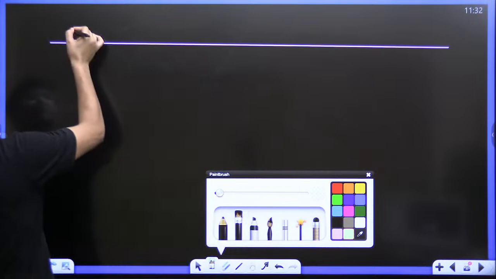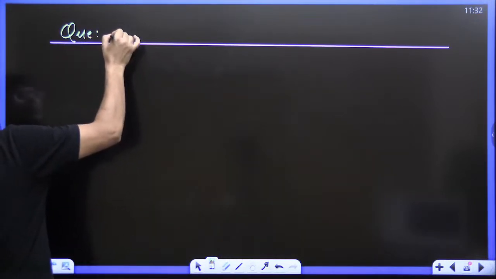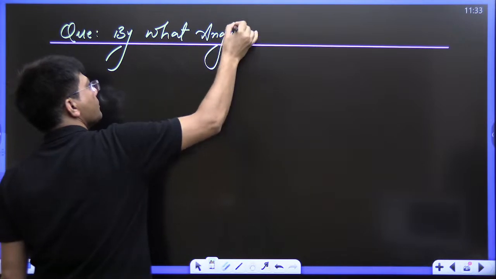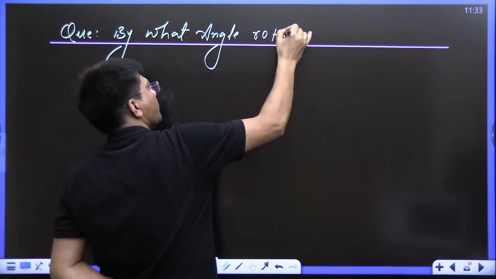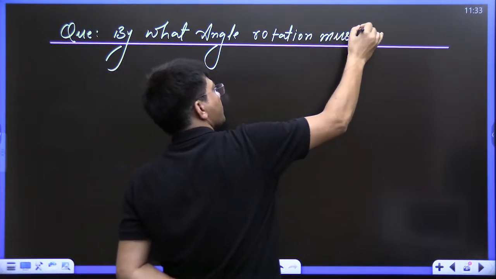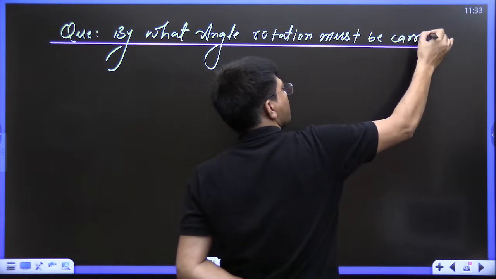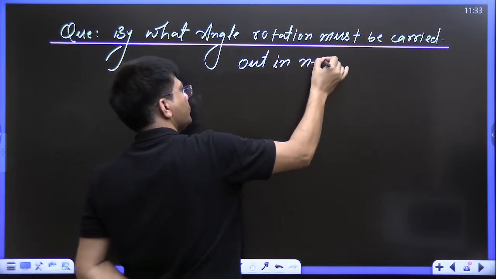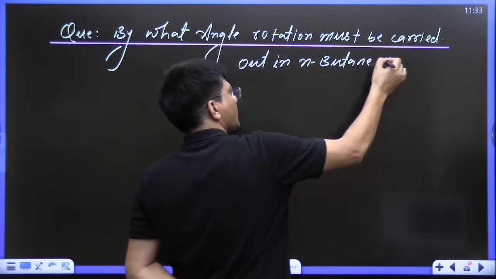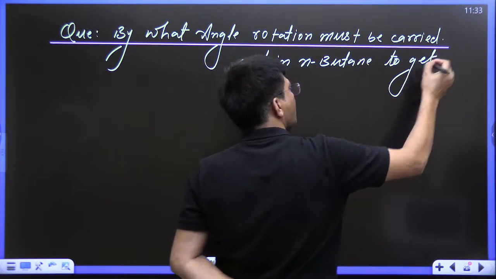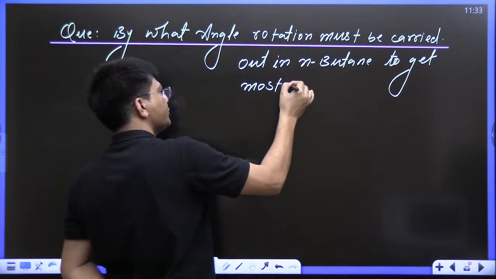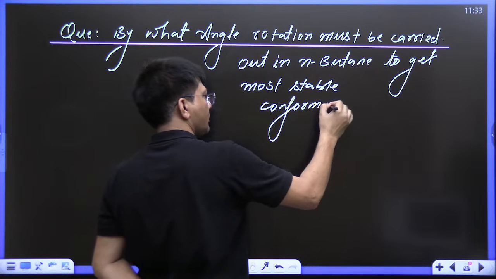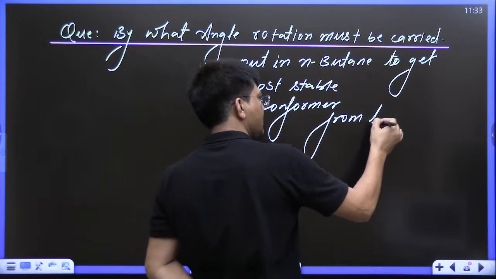Try to understand. Question is, by what angle rotation must be carried out in n-butane, that is normal butane, to get the most stable conformer from the least stable conformer.